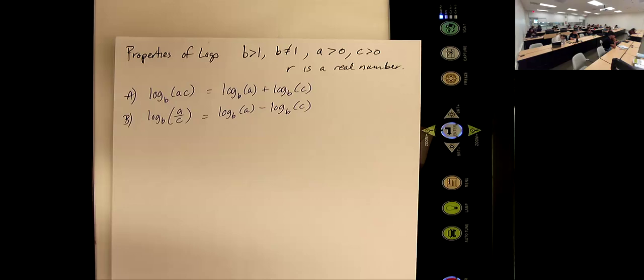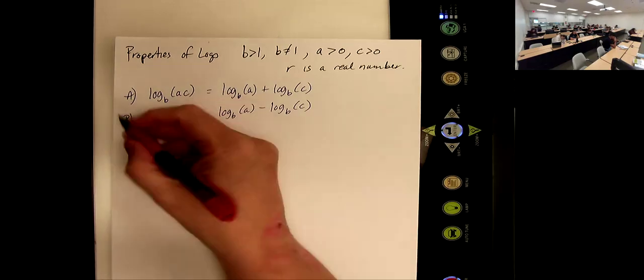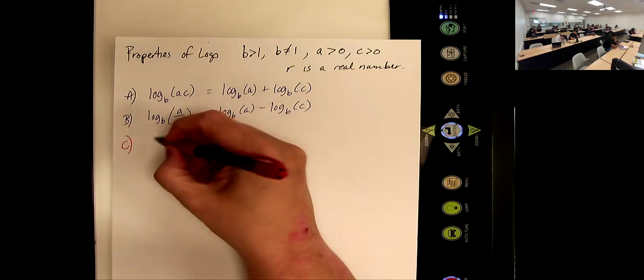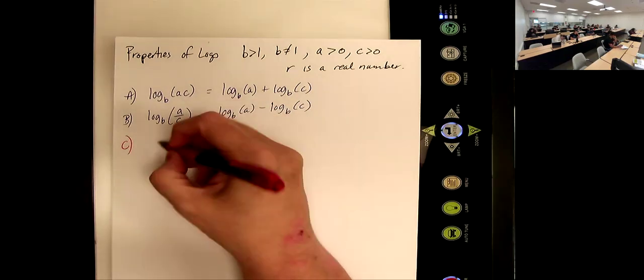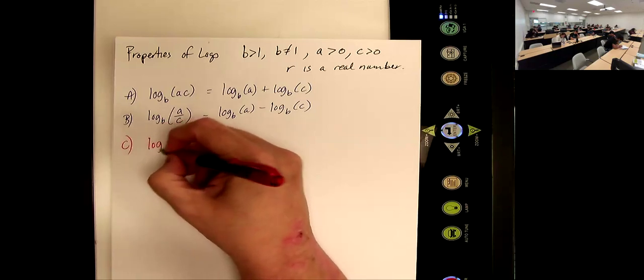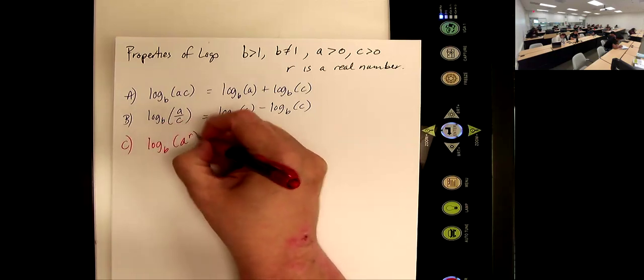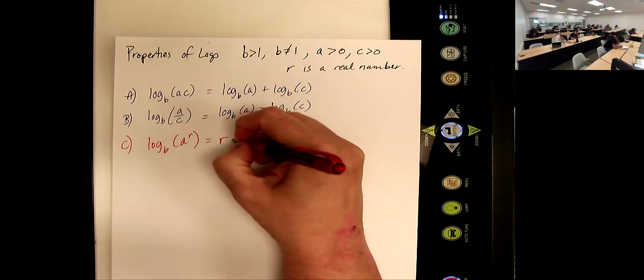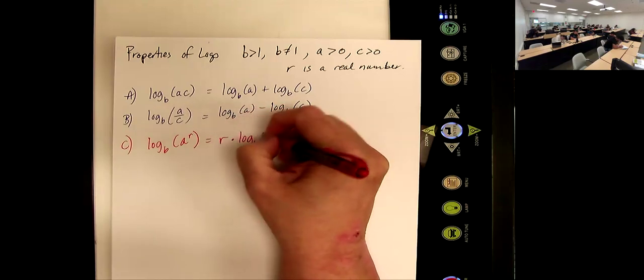Then we'll have one of the more useful ones. These are both useful, but this one is glorious. We have it on the inside, log base b of a to the r is the same thing as r times log base b of a.